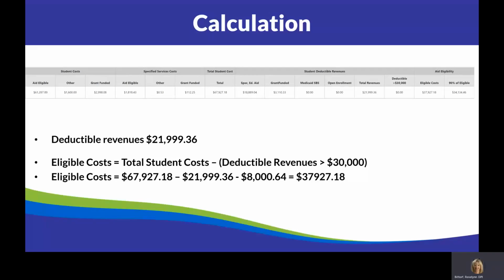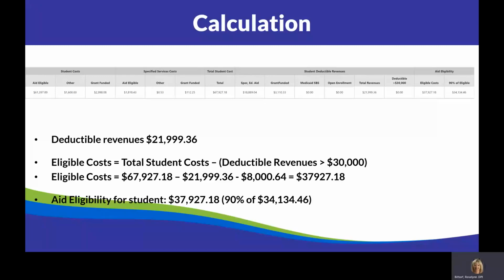The amount left is $37,927.18, but state statute states only 90% of that is eligible for aid, and you see that we get to the eligible amount of $34,134.46 if DPI is able to pay at that maximum aid rate.